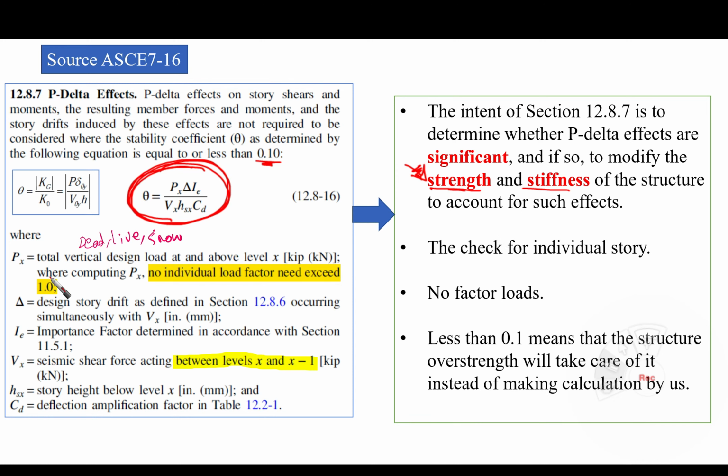Okay, let's now read the definitions one by one, and I'm going to talk about these comments here. Px is the total vertical design load. Take care, vertical, as we were talking about vertical loads here. It's not lateral loads.